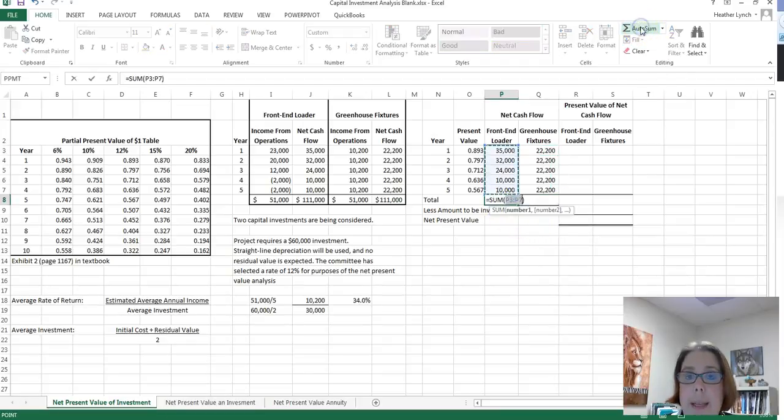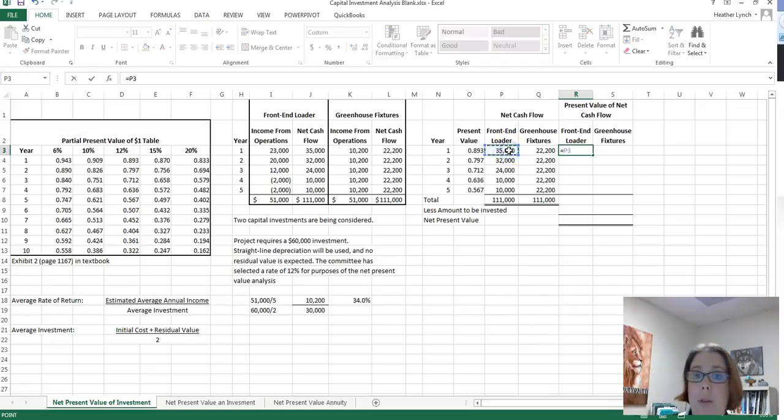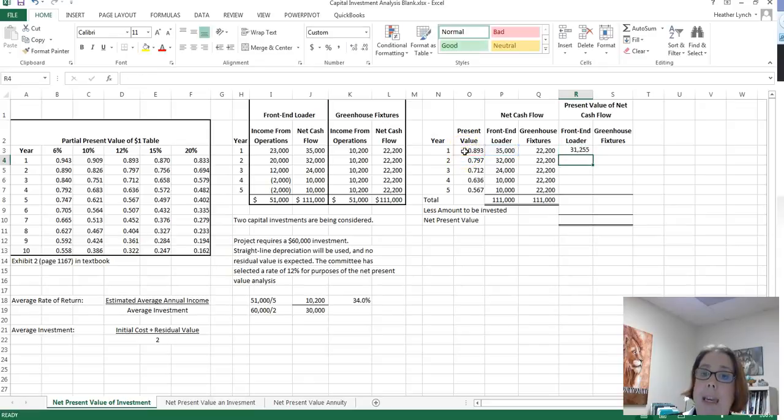Let's add these up. For the front loader, we get $111,000, and for the greenhouse, we also have $111,000. Now we need to find the present value of the net cash flow. I'm going to take my $35,000 from the front loader and multiply it by 0.893. The present value of that $35,000 is $31,255.